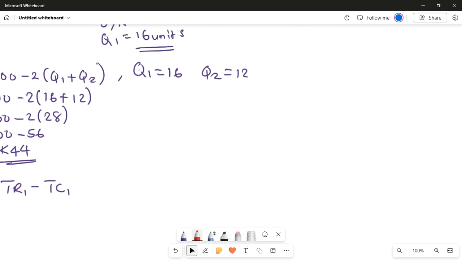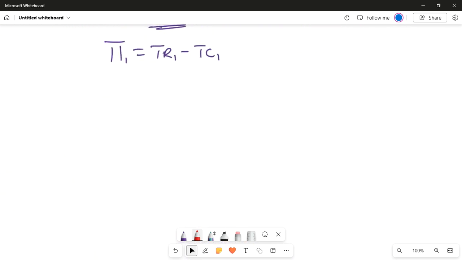All right. Let's do the mathematics. So from there, let's do the solving. Total revenue for firm 1, we said, was 100 Q1 minus 2 Q1 squared, and then minus 2 Q1 Q2.